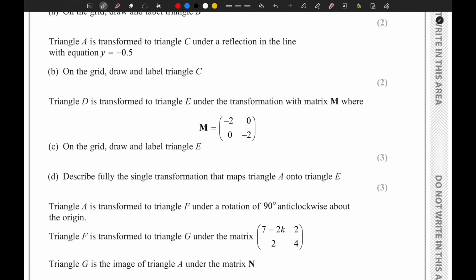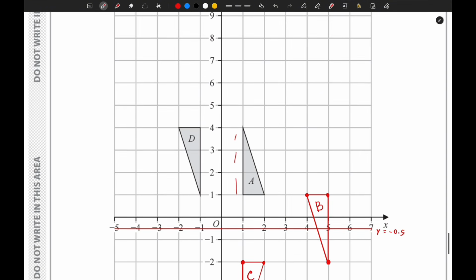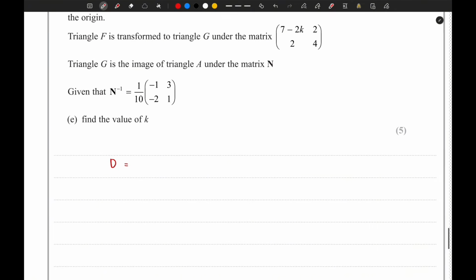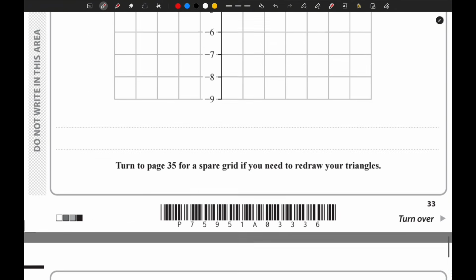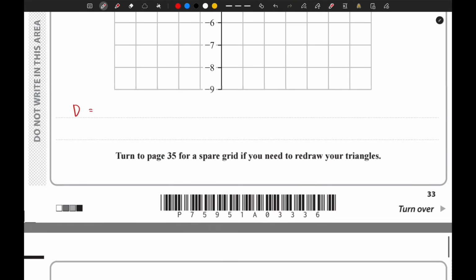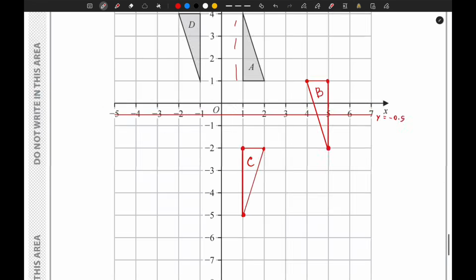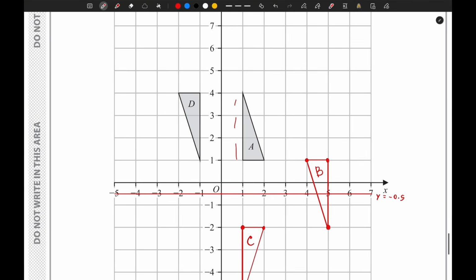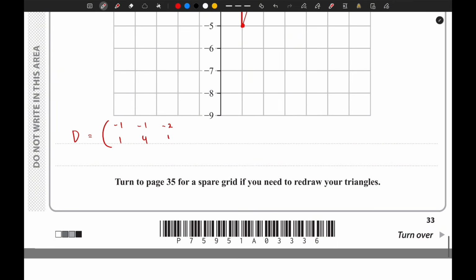Now triangle D is transformed to triangle E under the transformation with matrix M. Draw and label the triangle E on the grid. Alright, so let's first take the coordinates of triangle D. Triangle D is minus 1 and 1, minus 1 and 4, and minus 2 and 4.